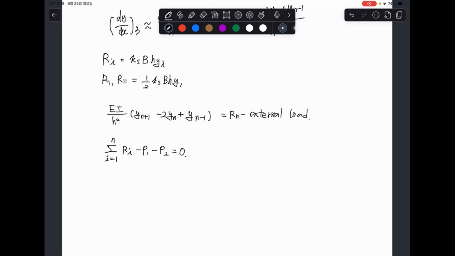The finite difference method offers an efficient numerical approach to solving beam on elastic foundation problems. It is especially useful for computer-based structural analysis and has practical applications in foundation design.